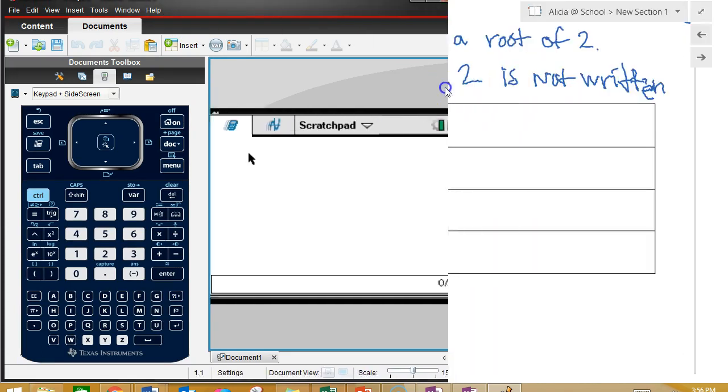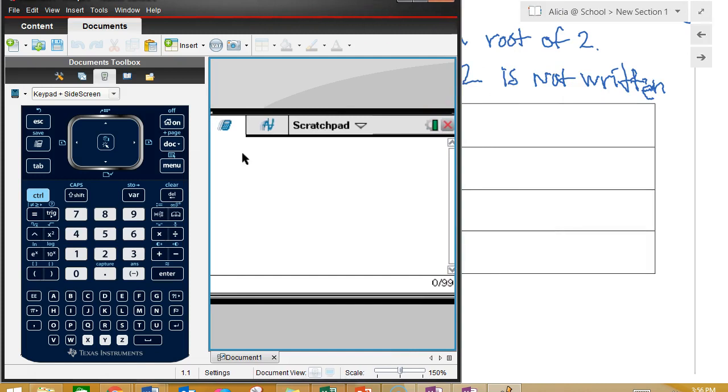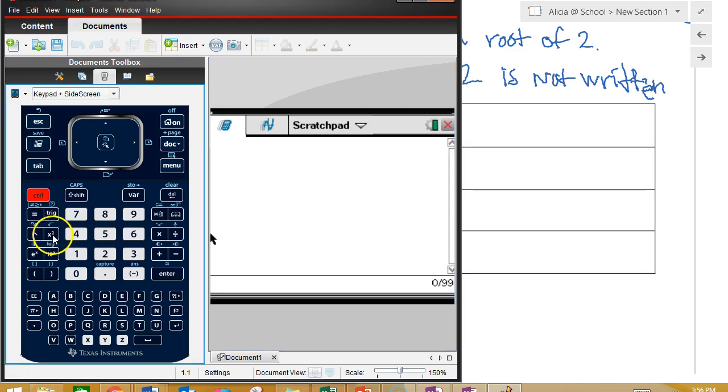For some reason, my calculator is being hidden. Alright, in order to get that little square root symbol, you're going to use these little buttons over here. You have to press this blue control button first, and then the x squared button.